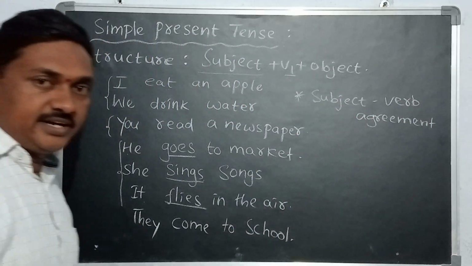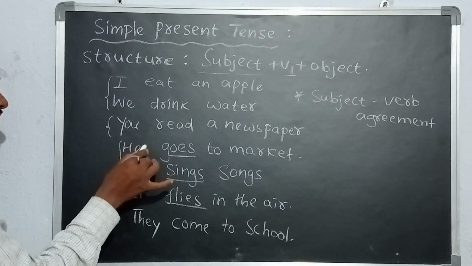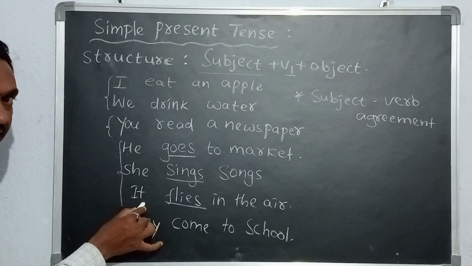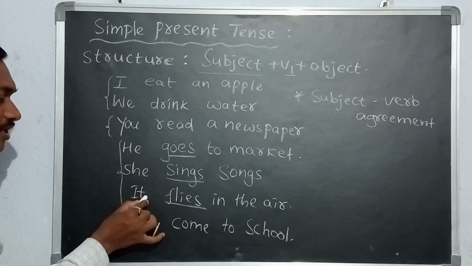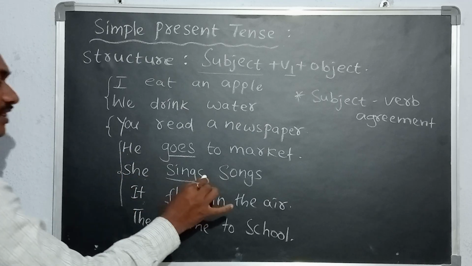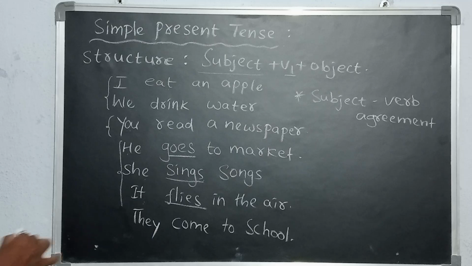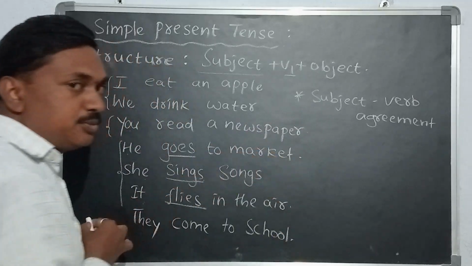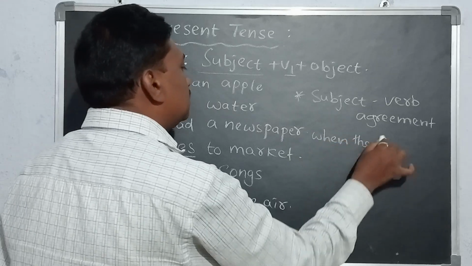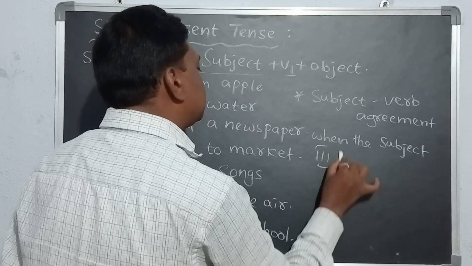In simple present tense, when the subject is third person singular, that is he, she or it, the verb is added with s, es and ies.